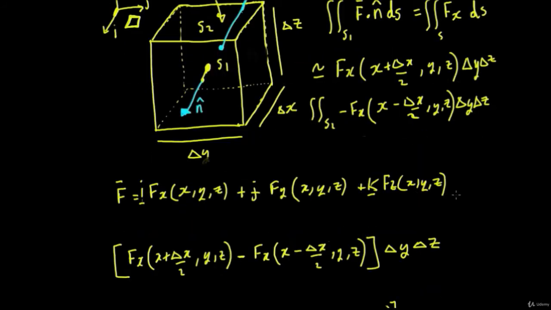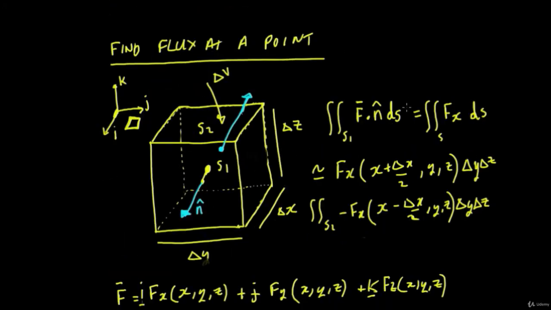So i dot k disappears, i dot j disappears, and i dot i just equals 1, so we're just left with the x component of this vector function. So we've drawn that out here, that's the x component of this vector function.